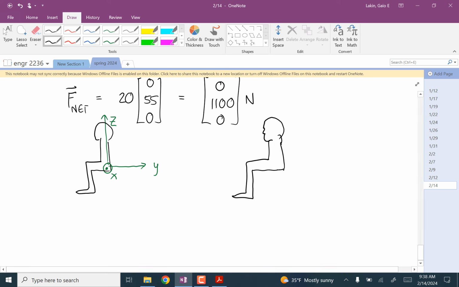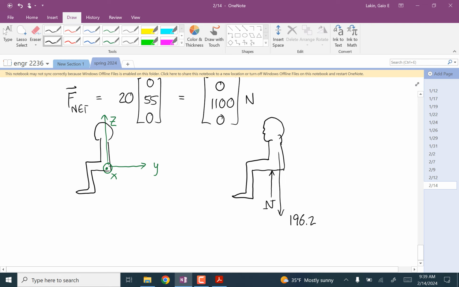Okay, so what forces are acting? We already know the forces going on in the XY plane. But what about the Z forces? There's a weight force that's equal to 20 times 9.81. So 196.2. And then there's a normal force like this.